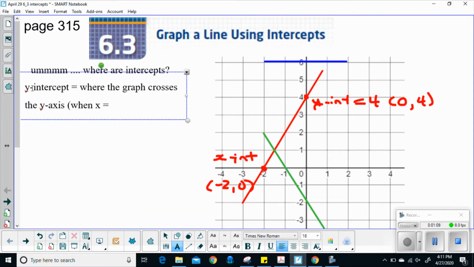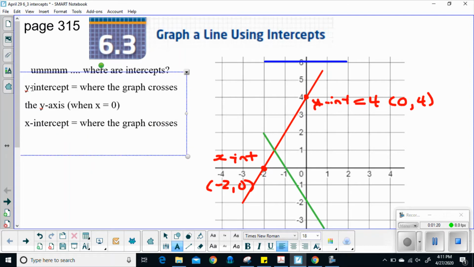So that's when x equals 0. And we know now that our x-intercept is where the graph crosses the x-axis. So that's when y is equal to 0.